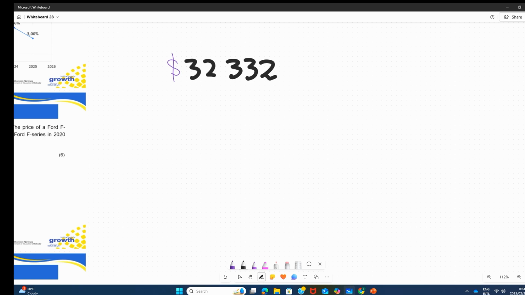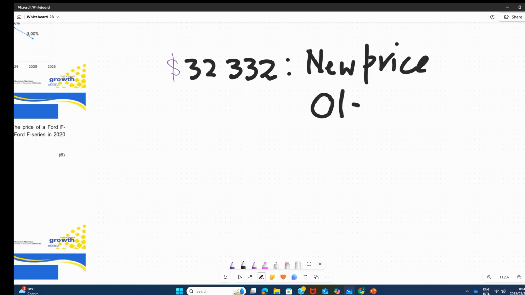Let us write it in a ratio form. This one is the price for 2022, and this one will be our new price. Since we are asked about 2020, we are interested in the old price because we already have the new price.